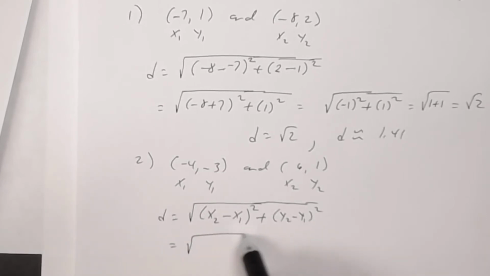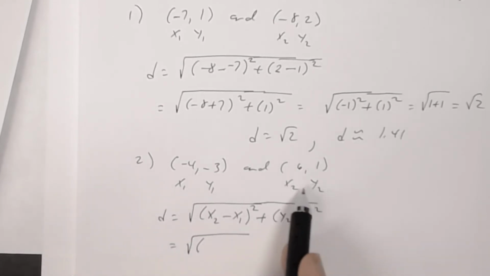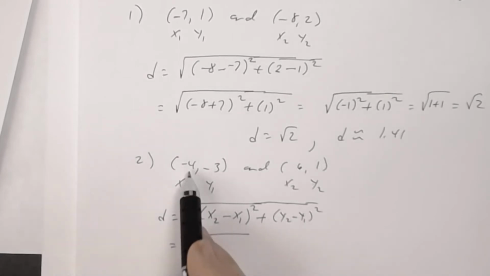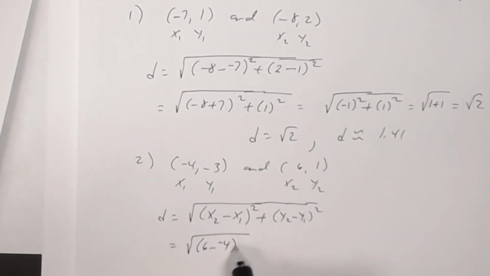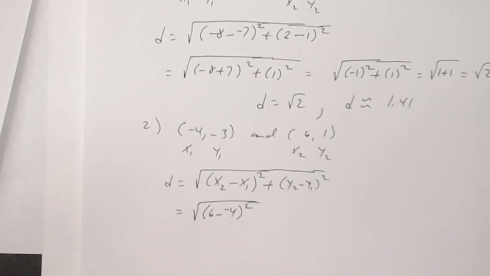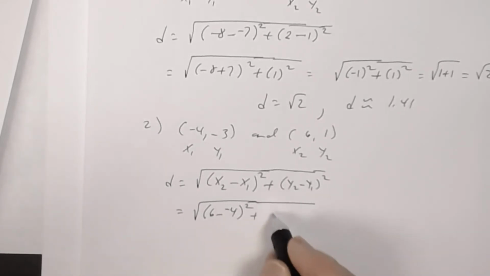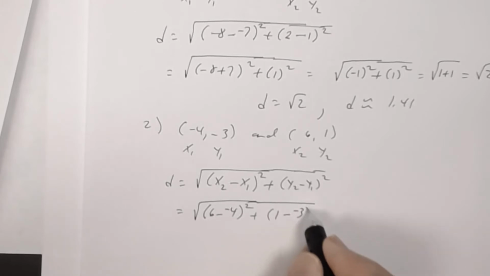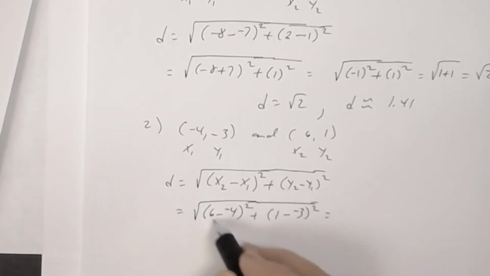So the square root of, parentheses, x2, which is 6, subtract a -4, right? Whatever that is, I'm going to square it, plus, and then parentheses, y2, which is 1, subtract a -3, whatever that is, I'm going to square it. Okay? All right, let's go ahead and simplify the radicand.